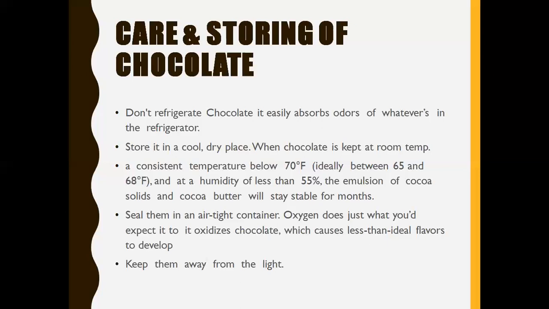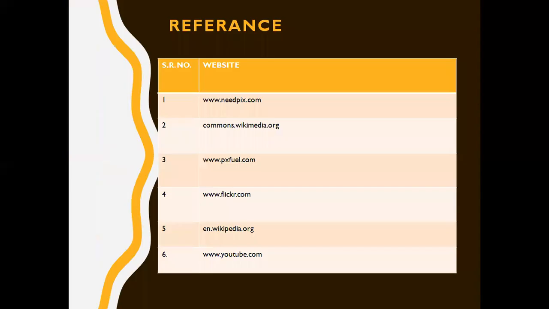Seal them in an airtight container so that it does not oxidize, which causes a less than ideal flavor to develop. The flavor will deteriorate. So try to keep it in an airtight container. Keep them away from sunlight or direct light. Okay, that's the precaution you should maintain.